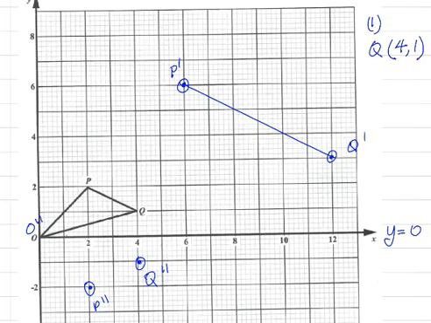To complete, all I have to do is connect my points using my ruler. I think I could do a better job than that, so let's do it again. A little better, not perfect, but we can work with it. One more line.